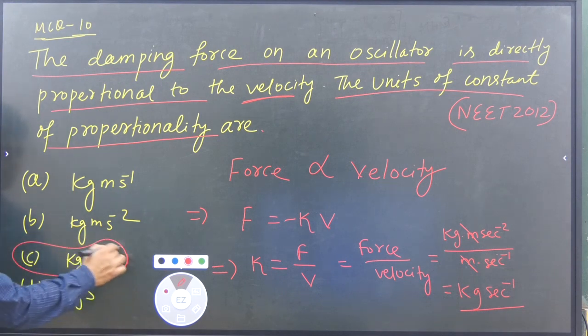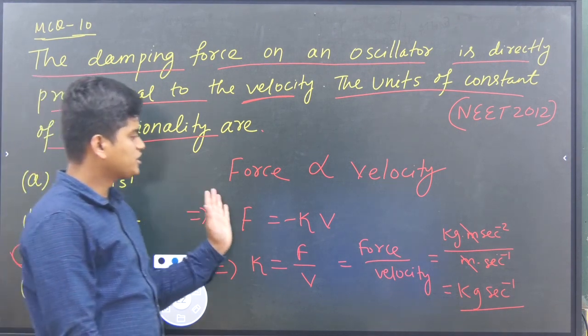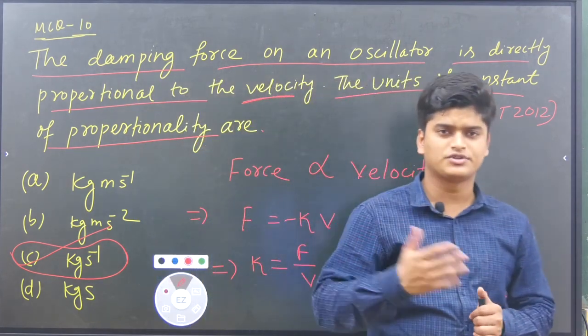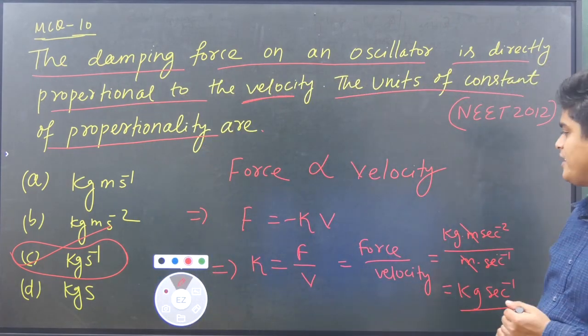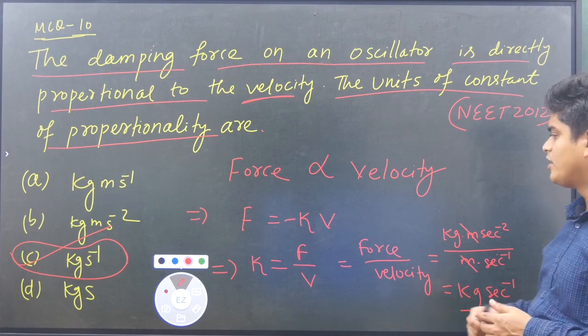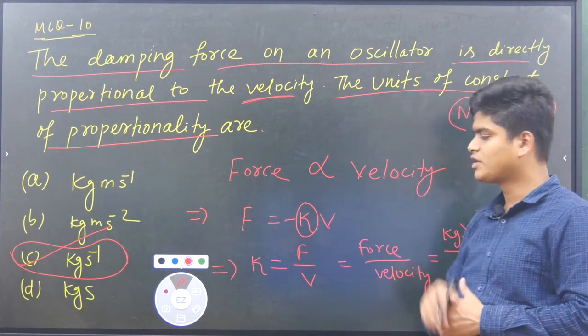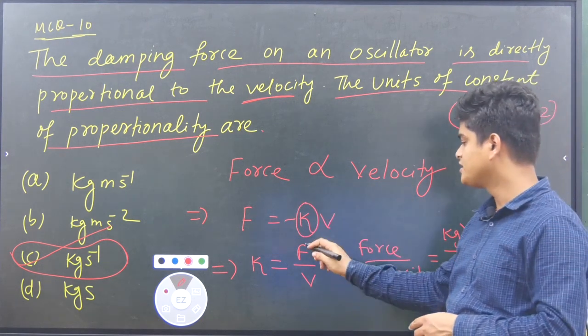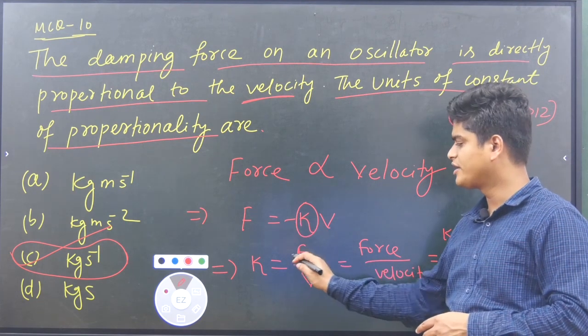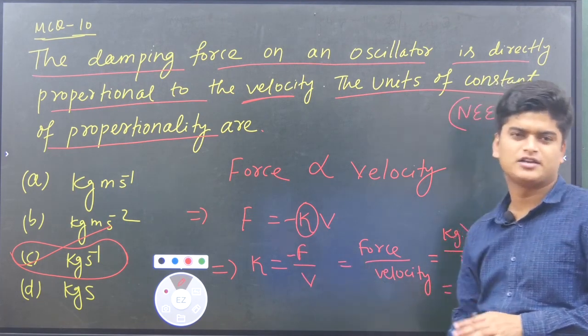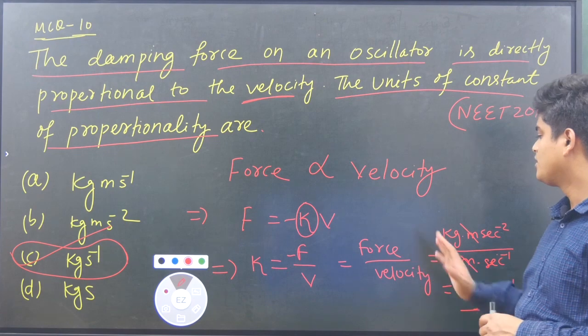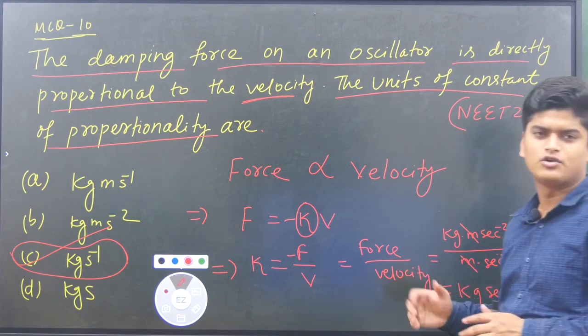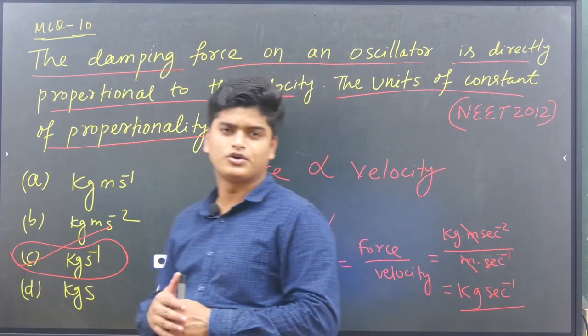That means the option will be C. So just a little idea: force is directly proportional to velocity, then what is the unit of this proportionality constant? That is your F by v. The minus sign you can keep, no issues, but it need not be included in the unit, since a sign has no unit. So the constant has no unit.